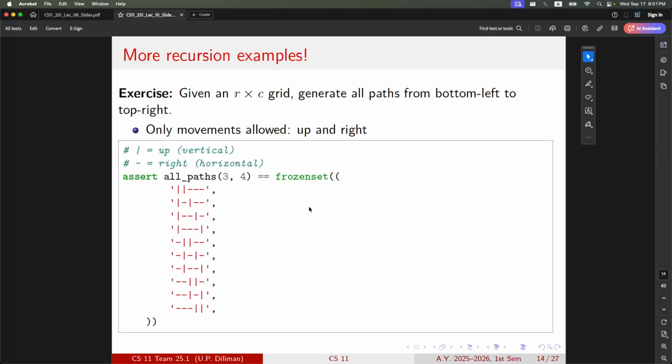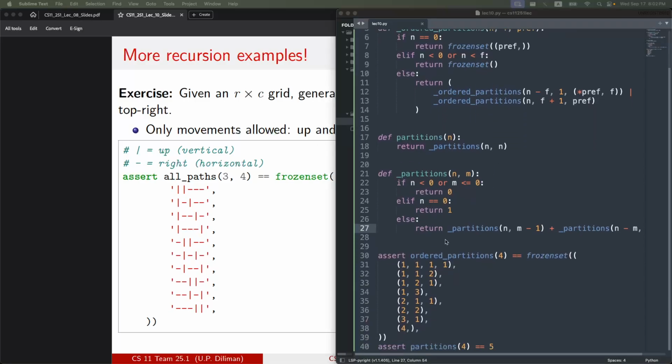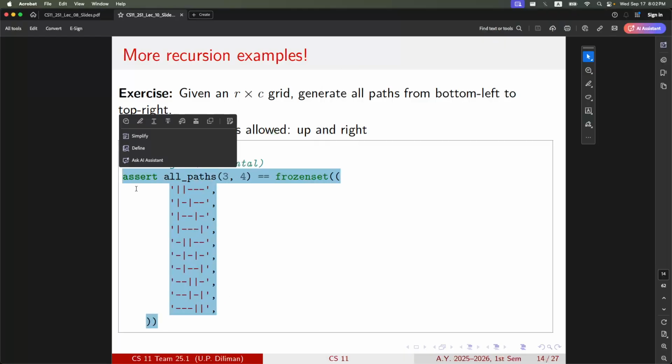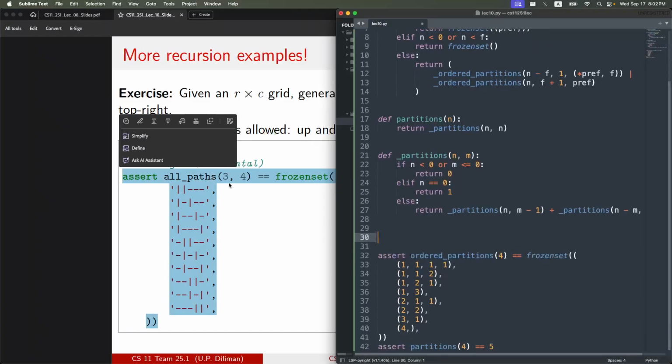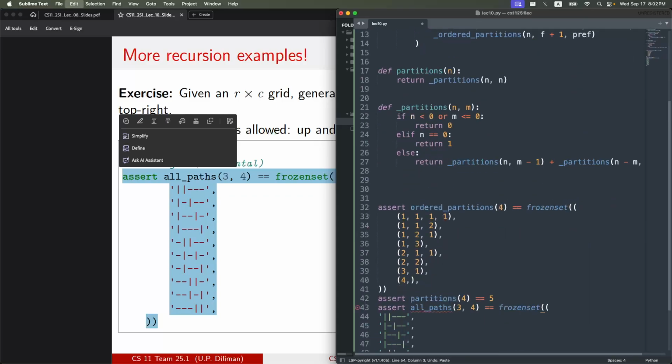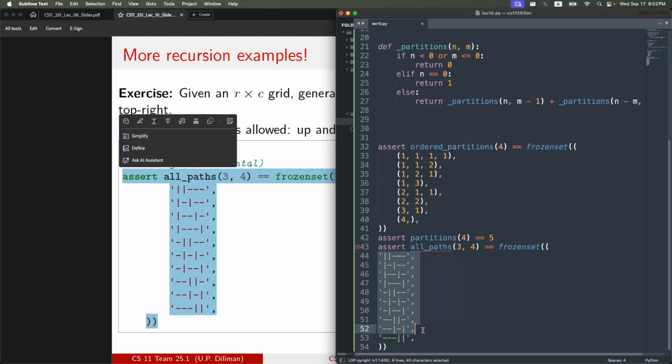Alright, let's see more quick examples of recursion problems. Given an R by C grid, generate all paths from bottom left to top right. So let's quickly write this. And this would be the asserted answer for a grid of 3 rows and 4 columns.